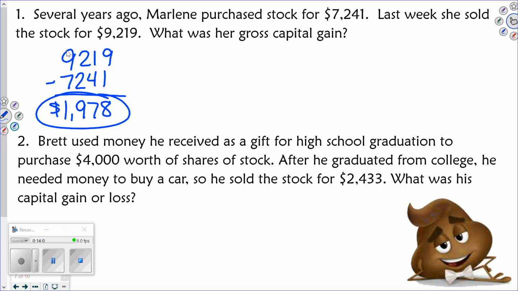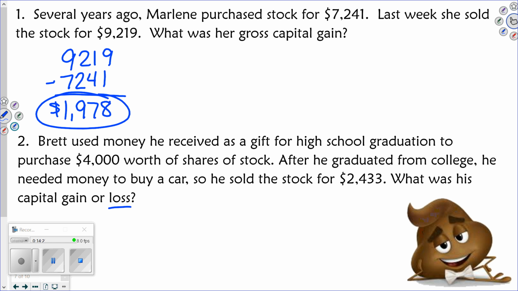Brett used money he received as a gift for high school graduation to purchase $4,000 worth of shares of stock. So see, he got out of this class, was all excited about the stock market, took all the money he made from his graduation party, bought stock. After he graduated from college, he needed money to buy a car. So he sold the stock for $2,433. Was that a gain or a loss? Yeah, that was a loss. Poor guy.